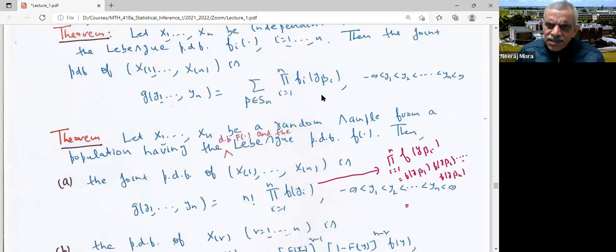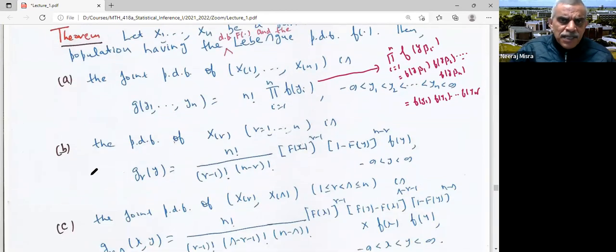So this would be the same as f of y1, f of y2, ..., f of yn, because each fi is the same. So each of these products would be the product of f of y1, y2, ..., yn. It does not depend on whatever beta may be. And how many betas are there? Factorial n. So that is why factorial n. And this quantity has been summed factorial n times, which is the product over i equal to 1 to n of f of yi.